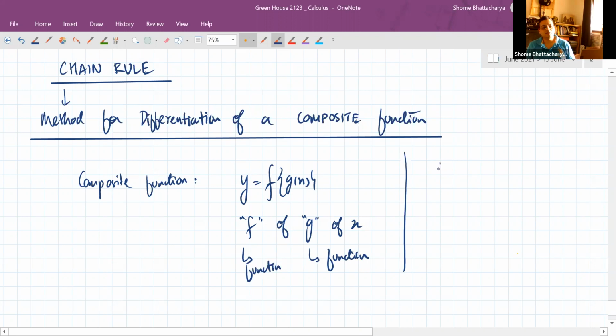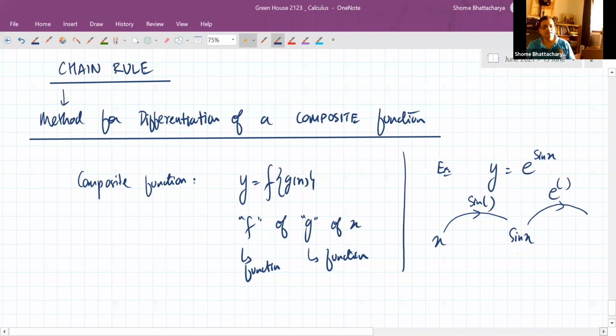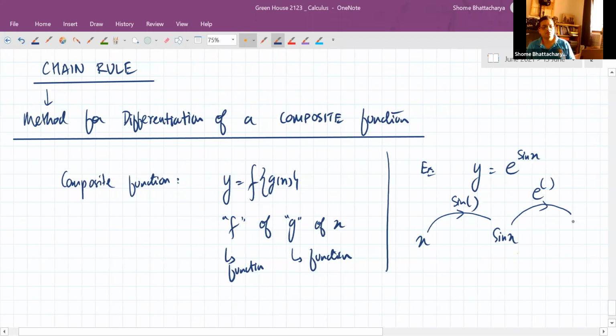A good example of that would be, let's say, y is equal to e raised power sine x. In this operation, on x we have first operated sine, so we got sine x, and then we've operated the exponential function on that. So we got e raised power sine x.